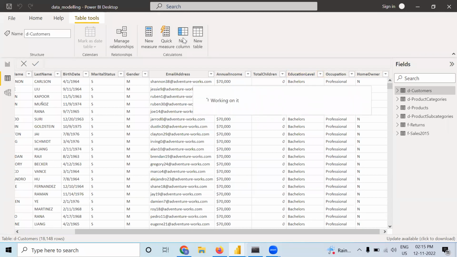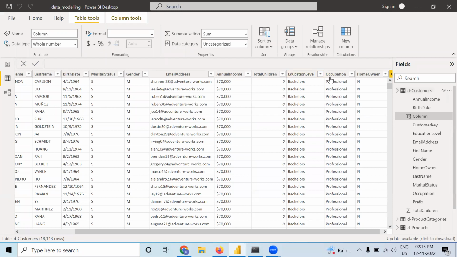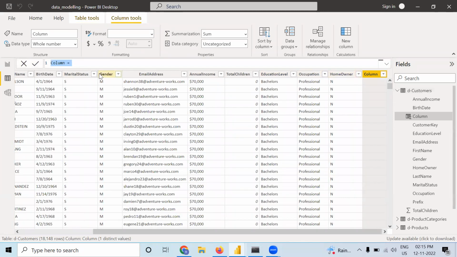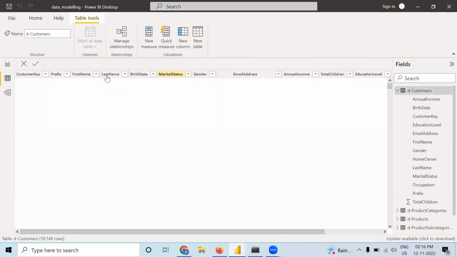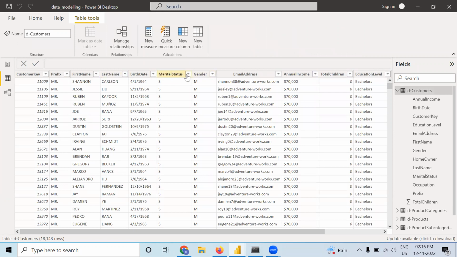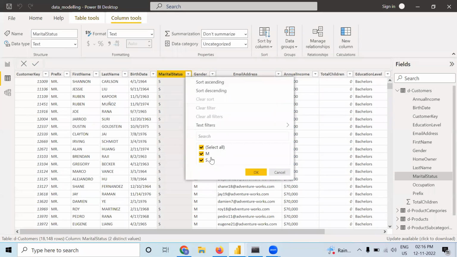Right now I'm going to choose a person who is single. Marital status: by clicking over here, you can see only two options, S and M. M means married, S means single.